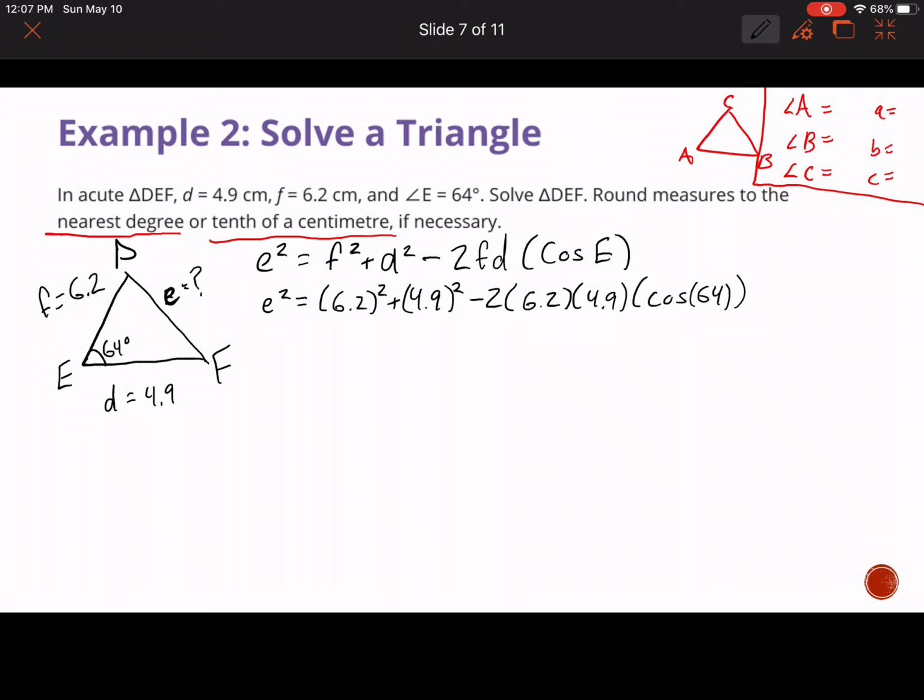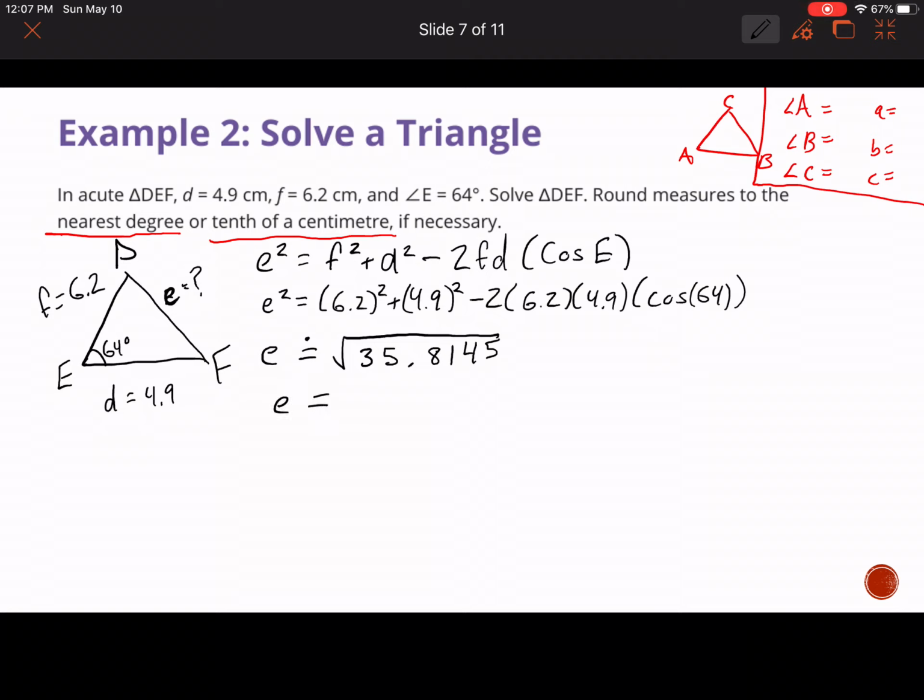So if I do all of that math, and again, I'm not going to do all the steps because we should be able to do that. We end up with approximately the square root of, because again, we need to round. Again, use at least 4 digits to try and make that as accurate as possible.